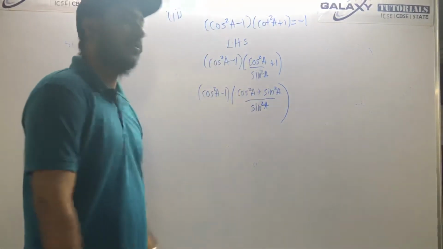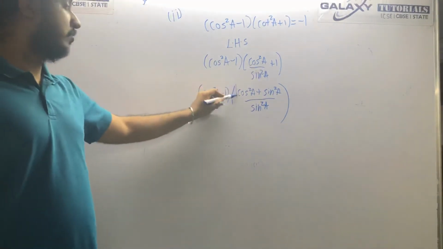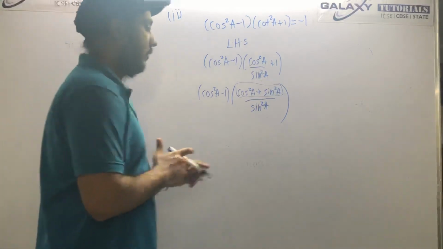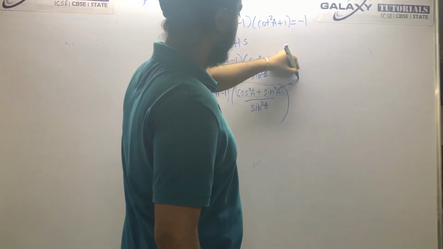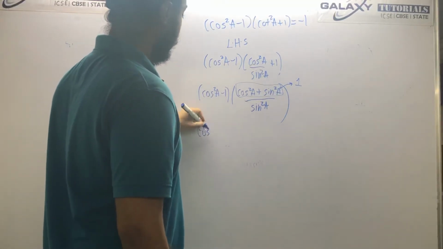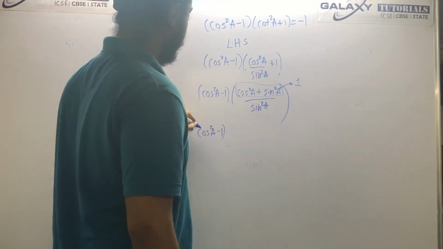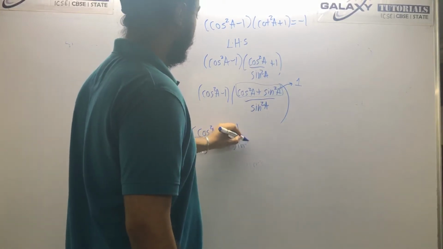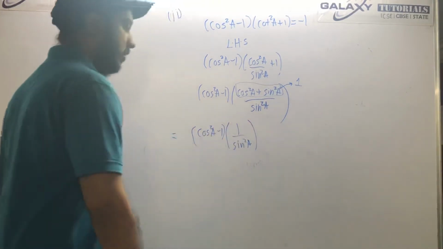I just took the LCM. Okay, now see, cos square a plus sine square a, what will that be? That will be 1. Okay, now this is right.